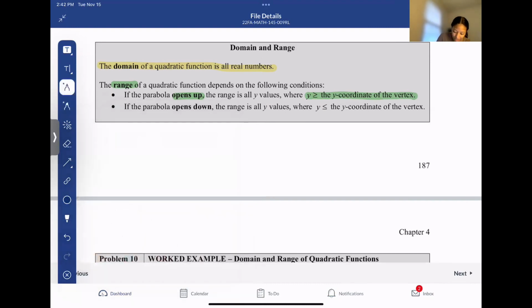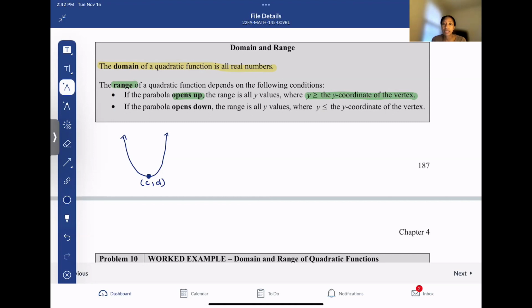Okay, if we have an upward opening parabola, the vertex is a minimum. The vertex is the smallest point on the graph. So let's say this point is, I don't know, I'll call it (C, D).